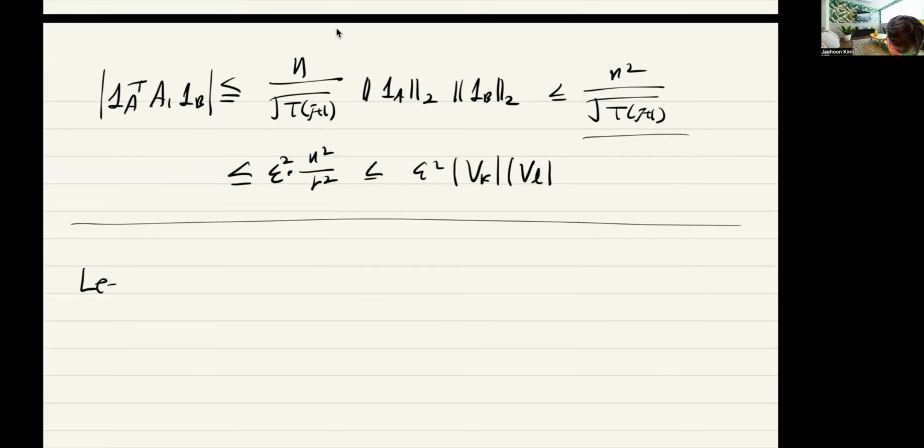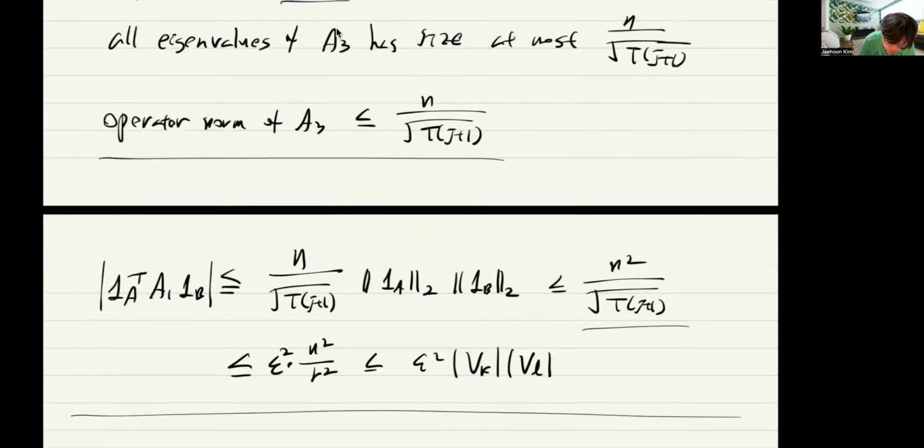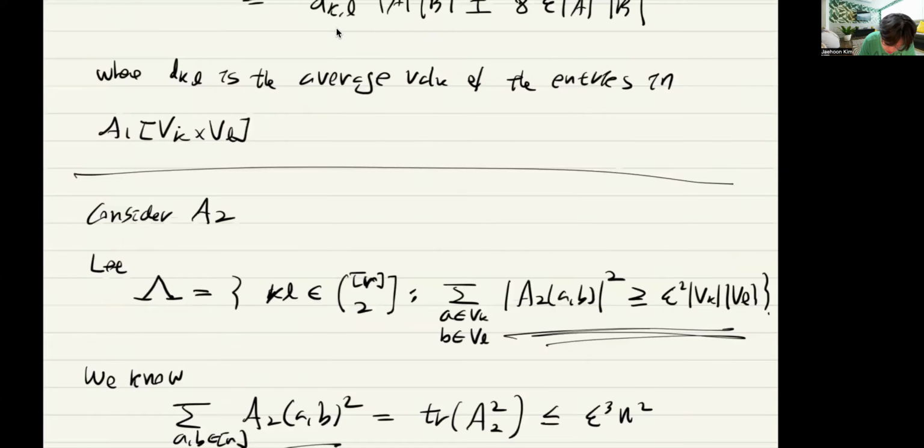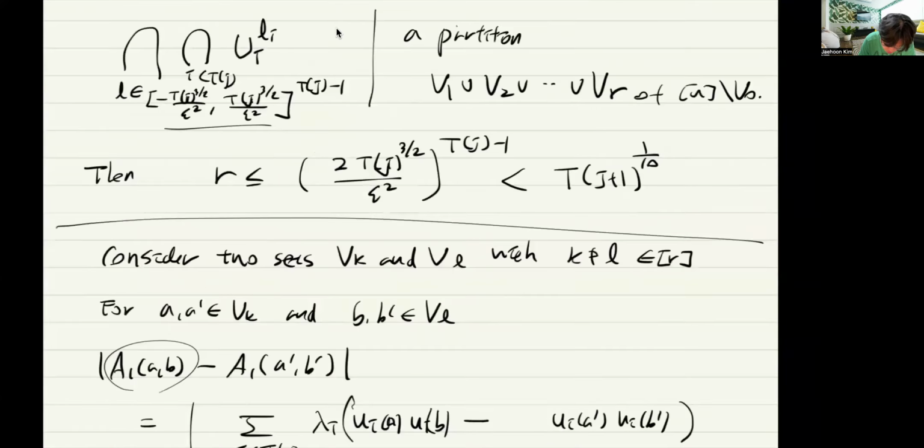Thus, now let lambda star be all the pairs in lambda, as well as the pairs related to 0. Remember that we have V0, which we define as the union of U prime.